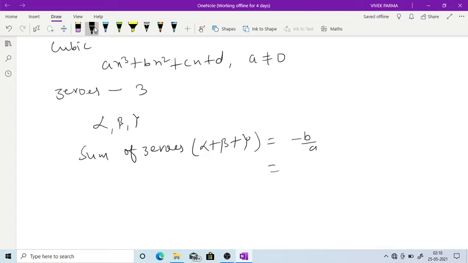What is b here? The coefficient of x square. And what is a here? The coefficient of x cube.